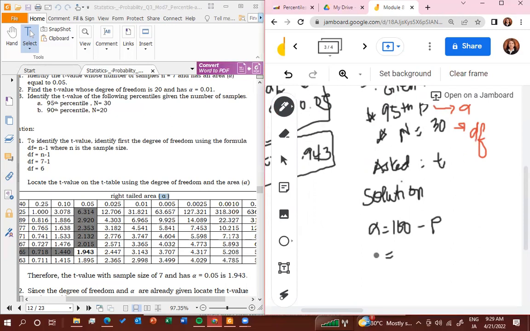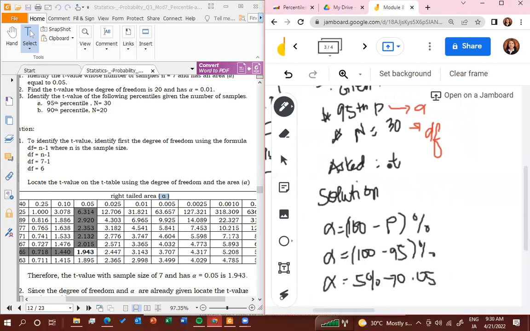In this case, the alpha is in percentage. If the percentile is 95, then 100 minus 95 gives an alpha of 5%, or in decimal, 0.05.